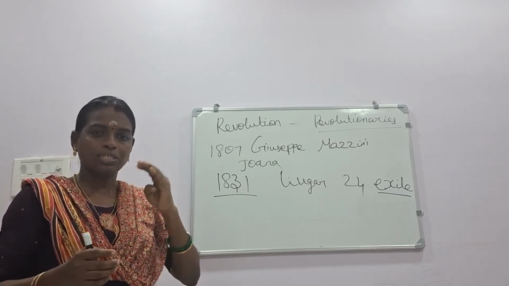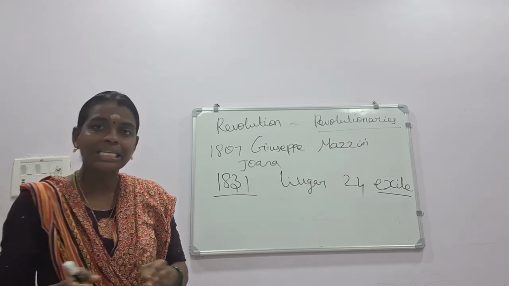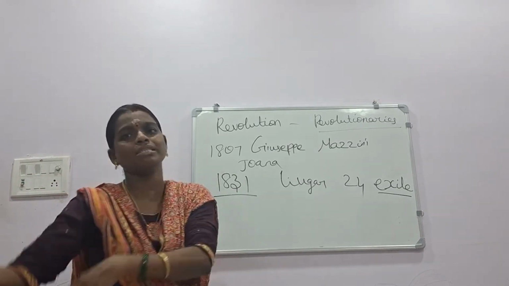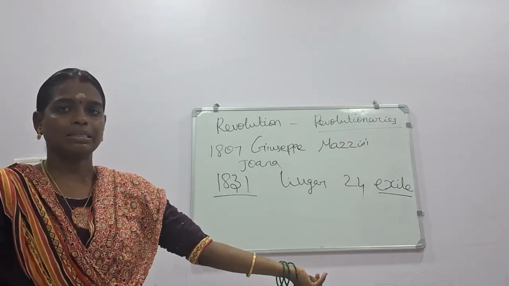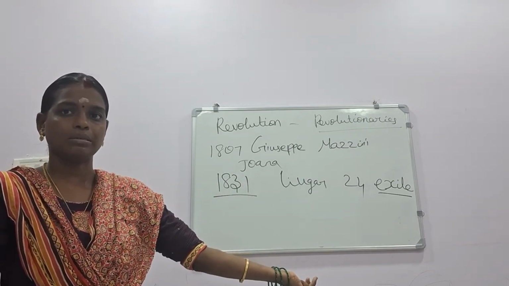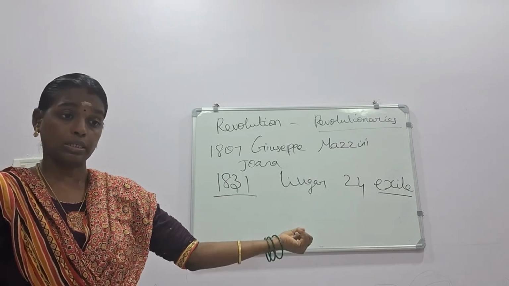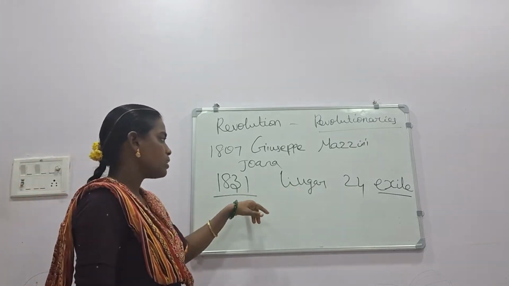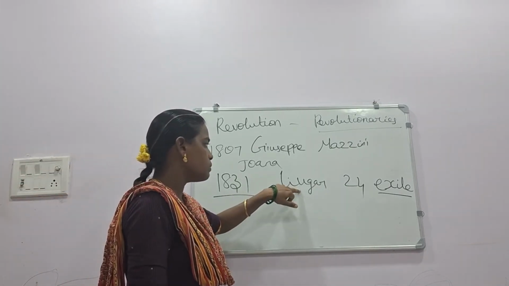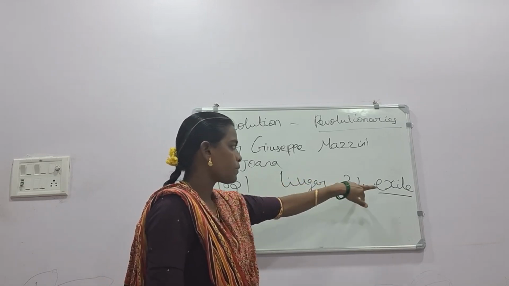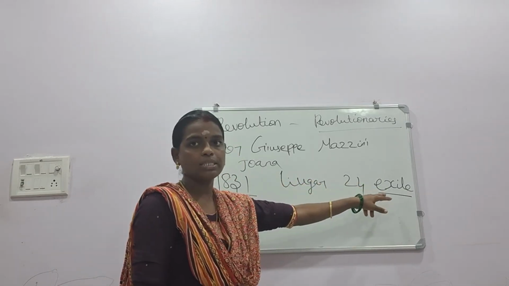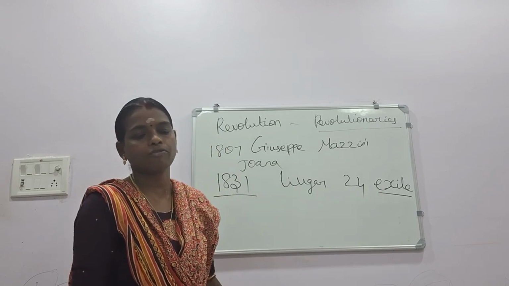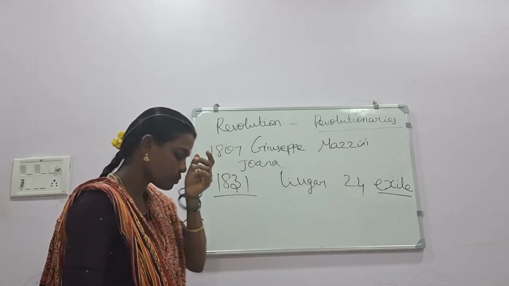So he wasn't permitted to stay in his native place, but he could stay somewhere else beyond the territory of his own country or own region. This is what exile is. So in 1831, he started the revolution at the place of Luger at the age of 24, and he was exiled for that revolution.